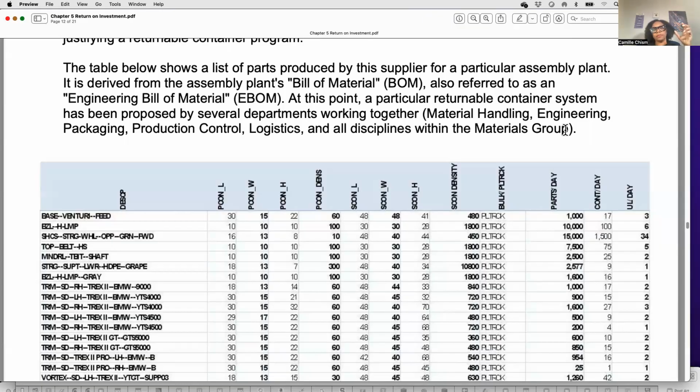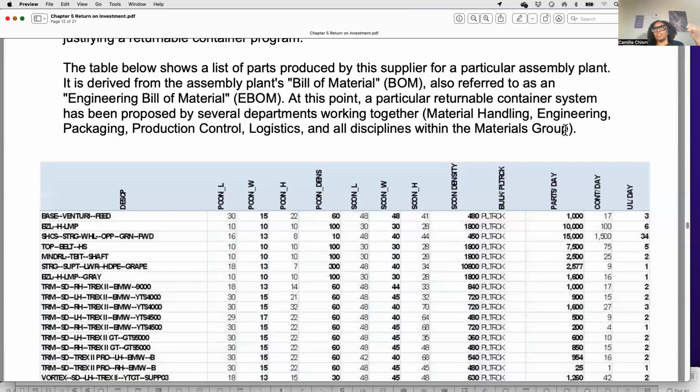The people that come up with the order of the line, say which parts should be kitted, which parts are going to be put on the vehicle first, which last, and what station they go to, that's also engineering. And the people that design the parts and work with suppliers to make sure that the parts work, that's also engineering.